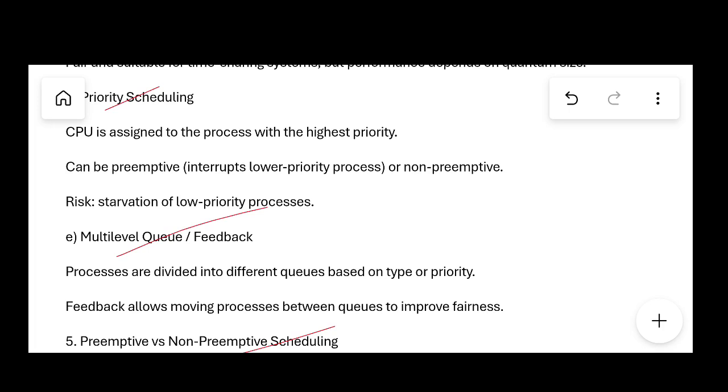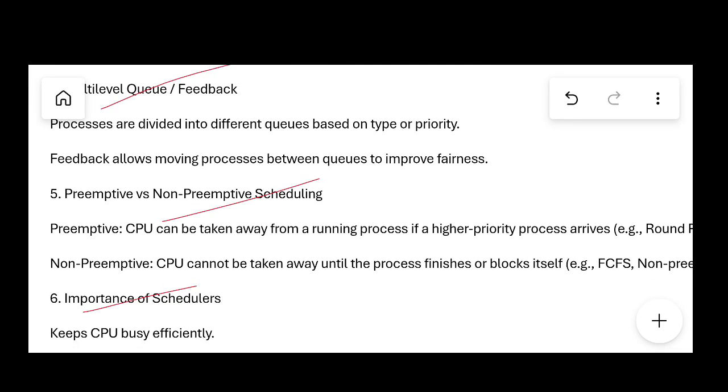If a quick snack is taking too long, it may be moved to another queue for fairness. Then preemptive versus non-preemptive. Preemptive means VIPs can cut in line or take over the chef's attention, and in non-preemptive, once the chef starts cooking a dish, they cannot stop until it's done.